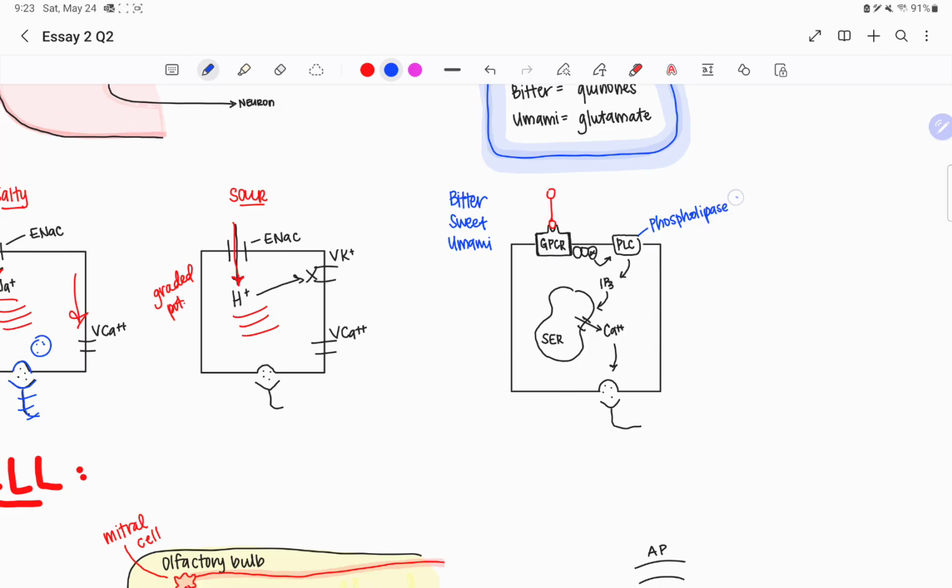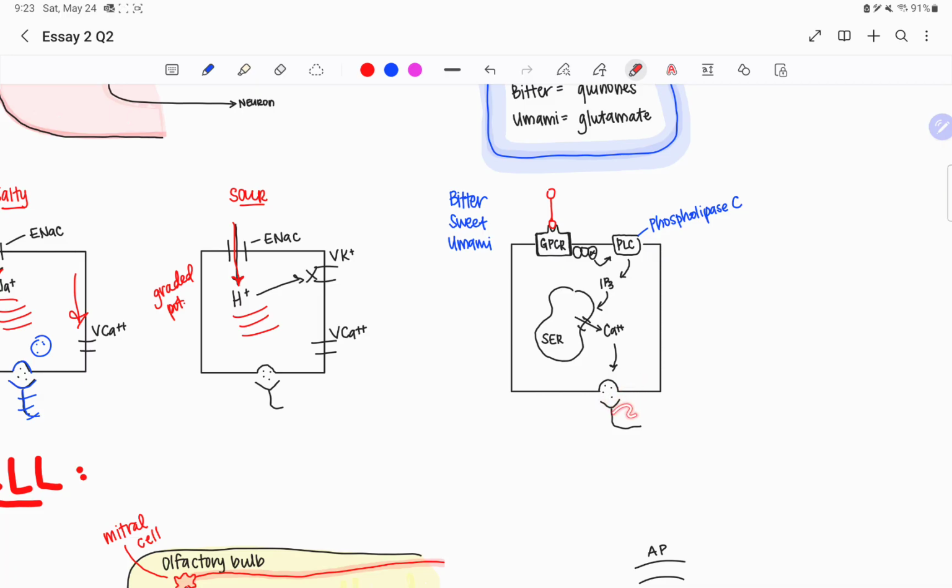Once phospholipase C is activated, it'll do some stuff to create IP3 or activate IP3. IP3 then comes down to the smooth ER, and that causes a release of calcium into the cell. Then calcium causes exocytosis of a neurotransmitter.